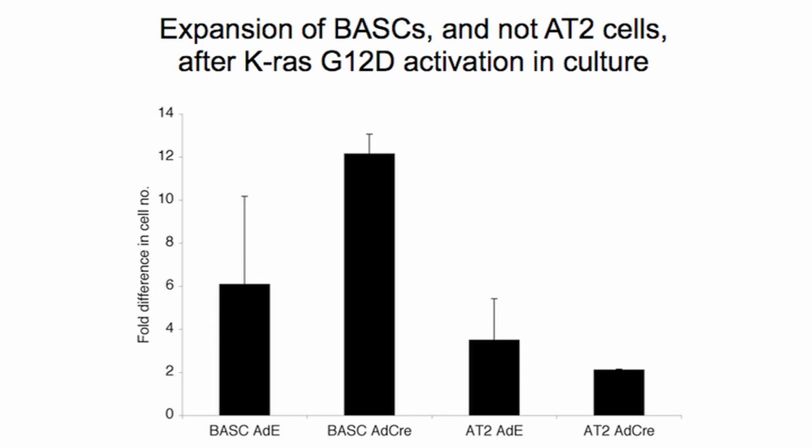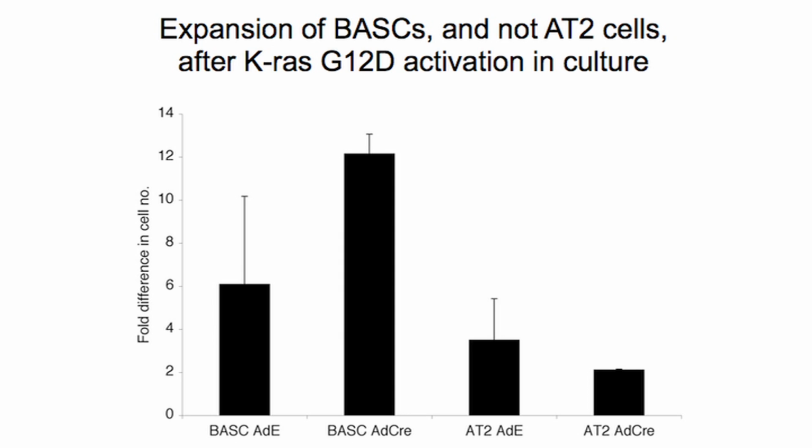We also could take KRAS mice and isolate BASCs using the cell sorting method I told you about, or isolate type 2 cells, and we could activate the mutant form of KRAS by using adeno-CRE in culture or using a control virus. In this case, only BASCs had an increase in cell number after we activated oncogenic RAS, and the type 2 cells did not.